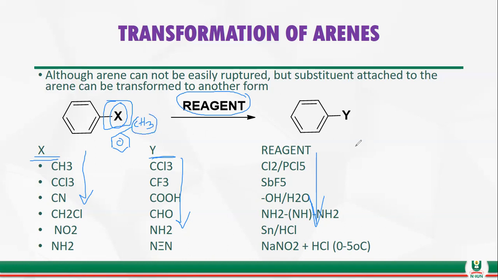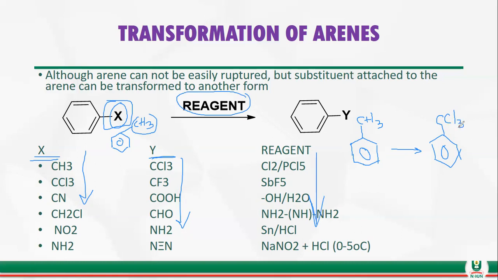In a summary, I want to pick the first one to explain what we are saying. We are saying that if you have this, in which your X is a CH3, and your desired product which you want to get is this, CCl3.